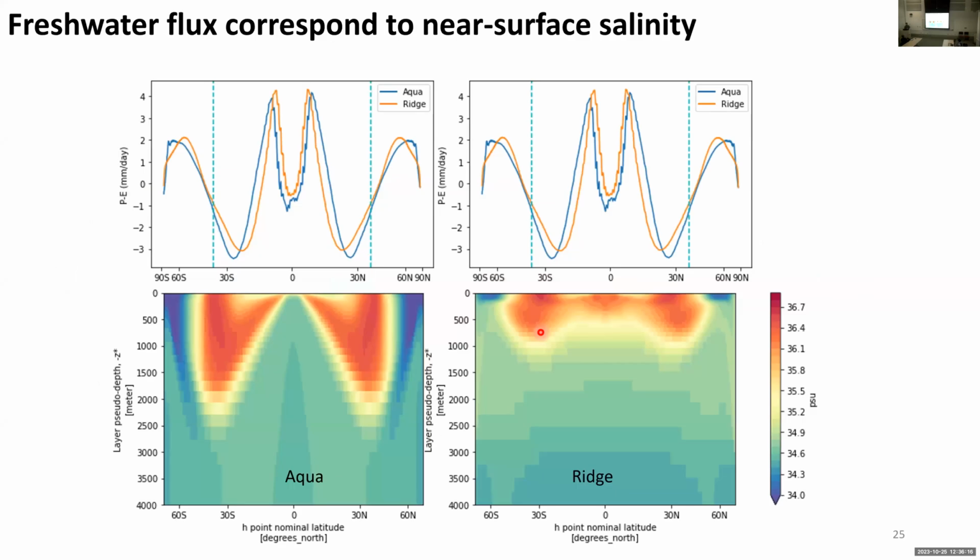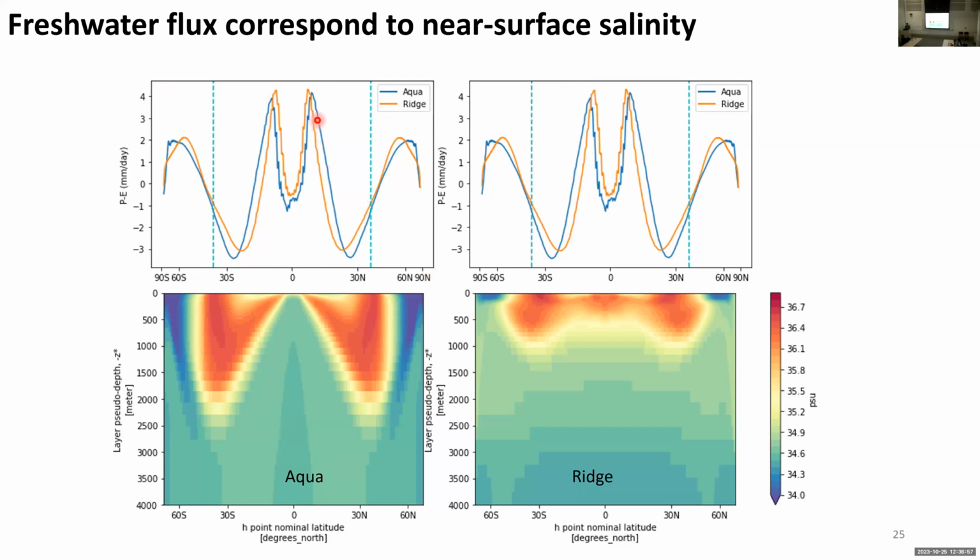Then, if you look at the precipitation, the freshwater flux, and the relation between the freshwater flux and the ocean salinities, we will find that they correspond to each other. The panels on top, these two are identical, and the y-axis is precipitation minus evaporation. That means the freshwater flux, and the x-axis is the latitude.